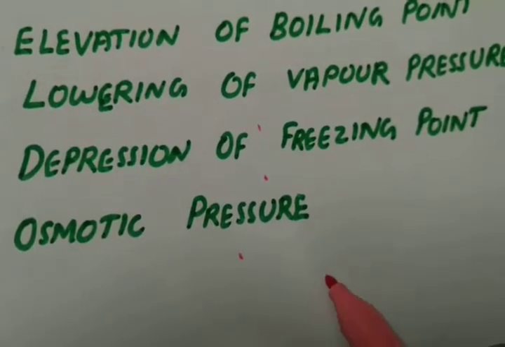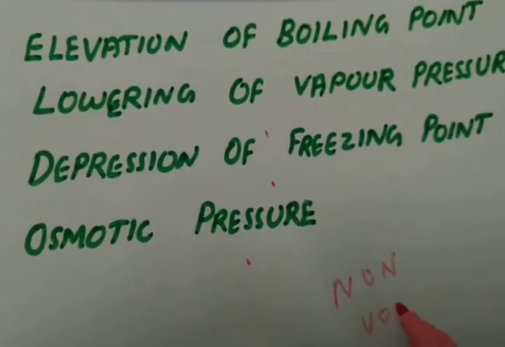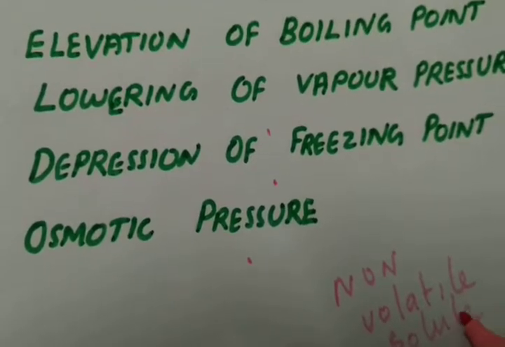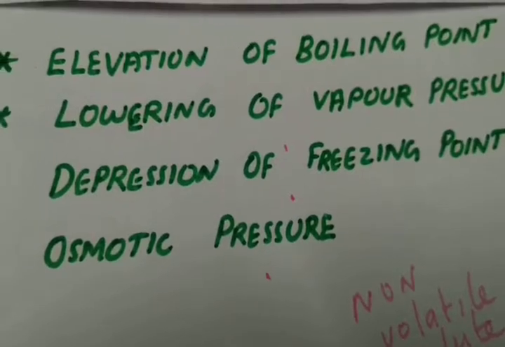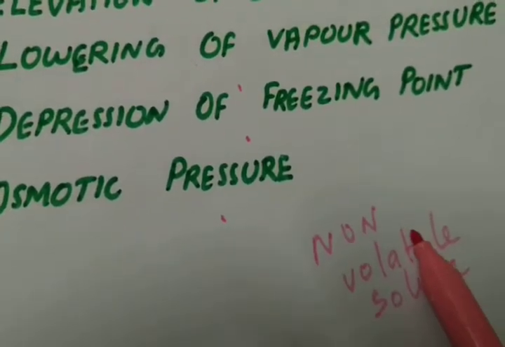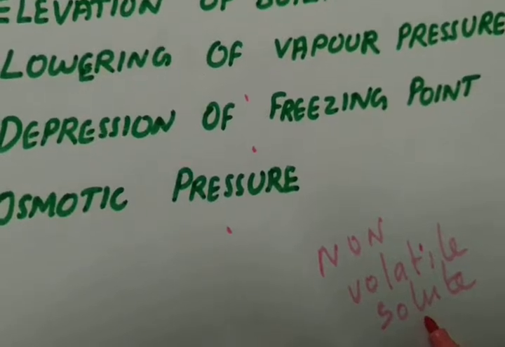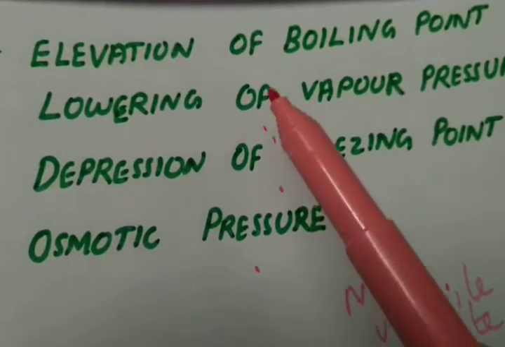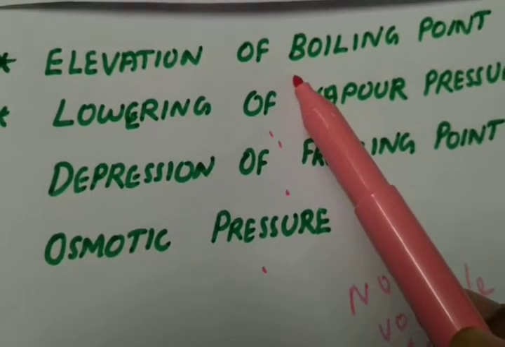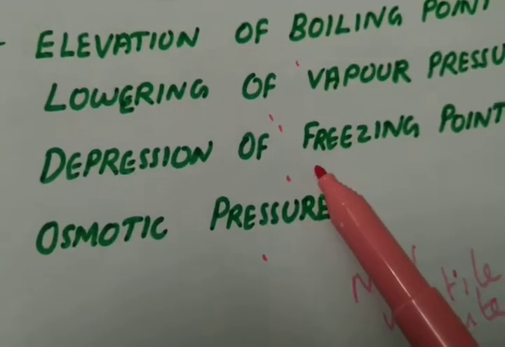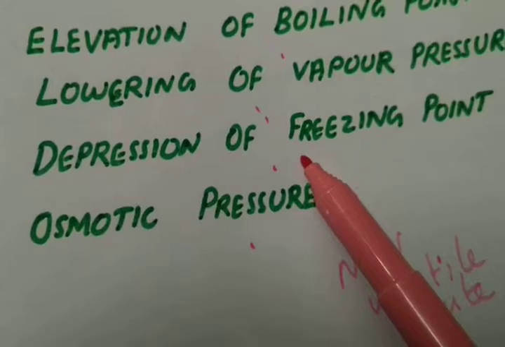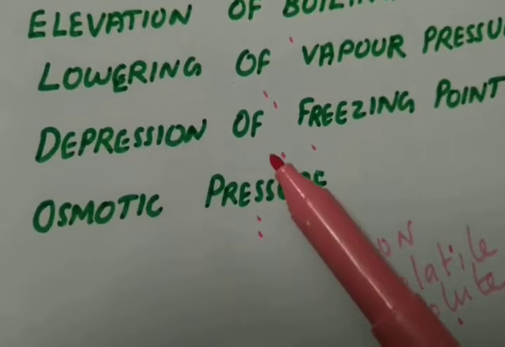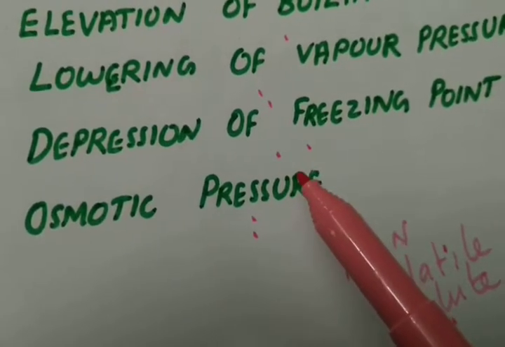When a non-volatile solute is added to a volatile solvent, it lowers the vapor pressure, elevates its boiling point, depresses its freezing point, and causes the phenomenon of osmotic pressure.